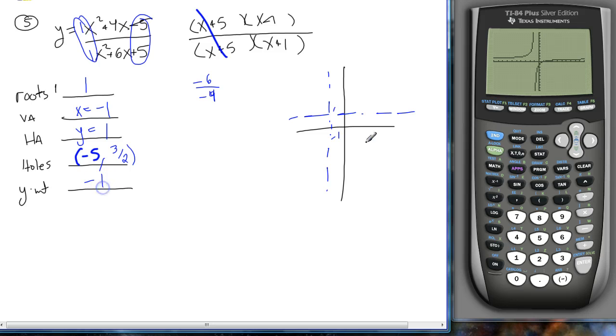That's my y-intercept, and it crosses here at -1. So as soon as I see this crosses here, that means this graph has to be down here like this. A lot of times you'll see this symmetric, that could be a little nicer. And then this one's up here like this.